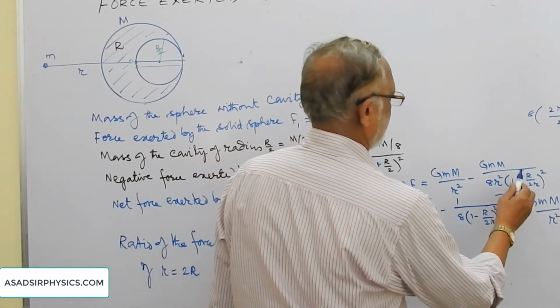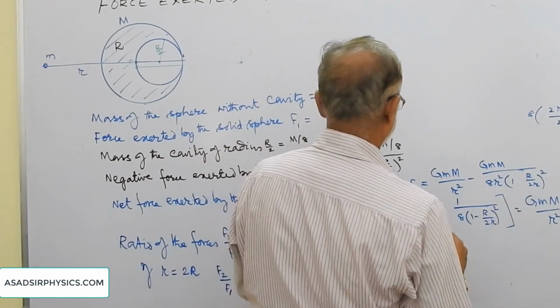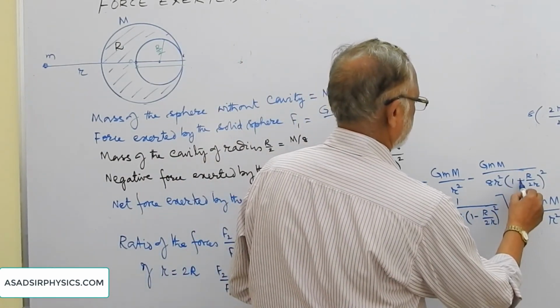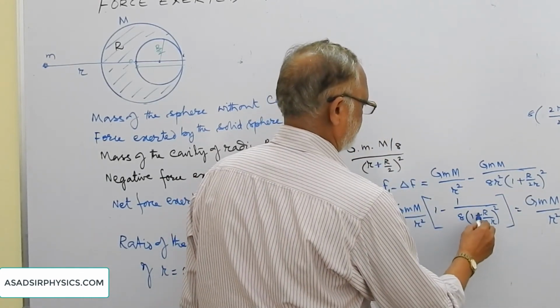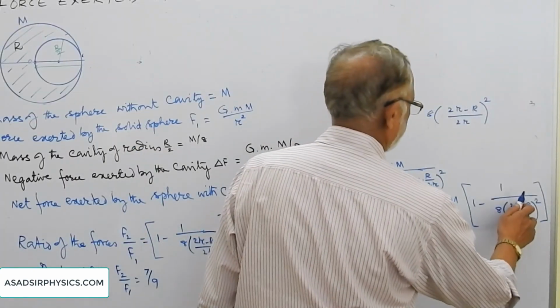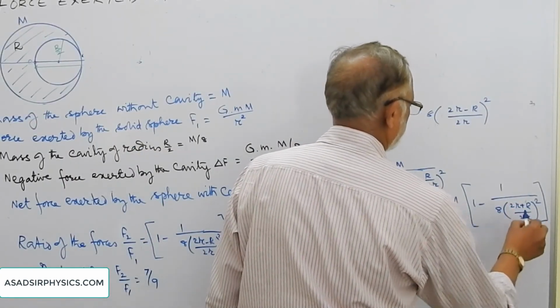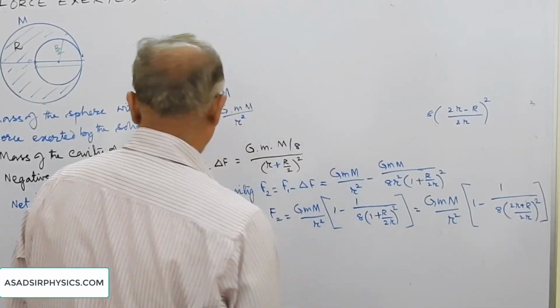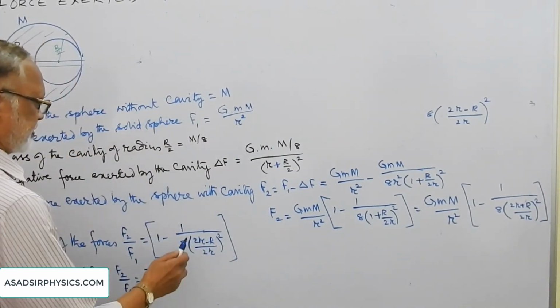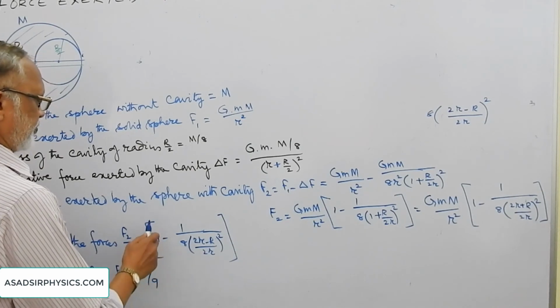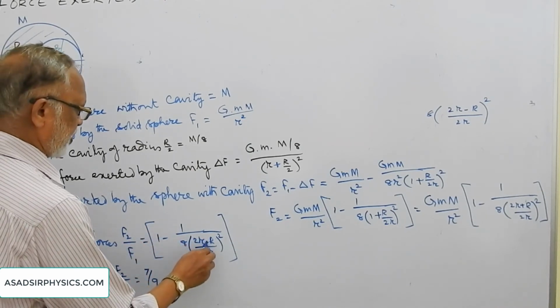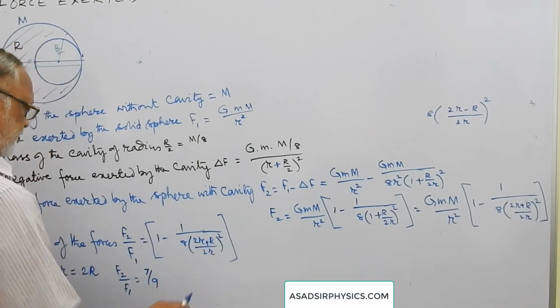So the ratio of the forces F2 by F1 is equal to 1 minus 1 by 8 bracket (2r plus R) by 2r whole square.